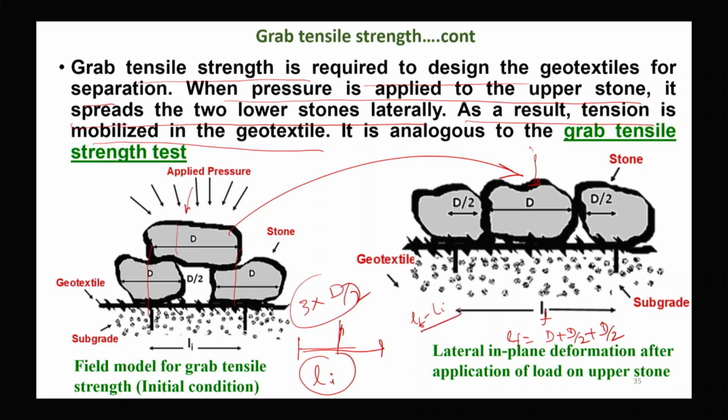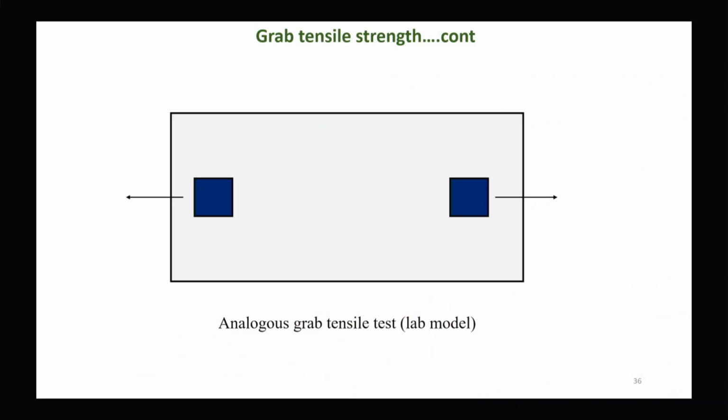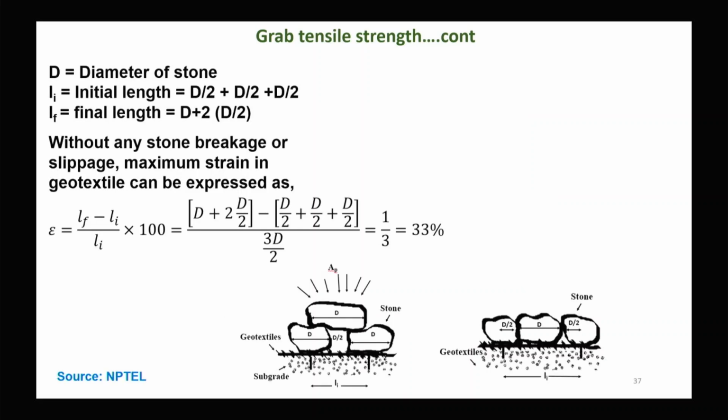This is the actual deformation, so we can see it is simulating the grab tensile test. Now the diameter of stone is d, the initial length is d by 2 plus d by 2 plus d by 2, and the final length is this one, without any stone breakage. We are considering there is no stone breakage or slippage.